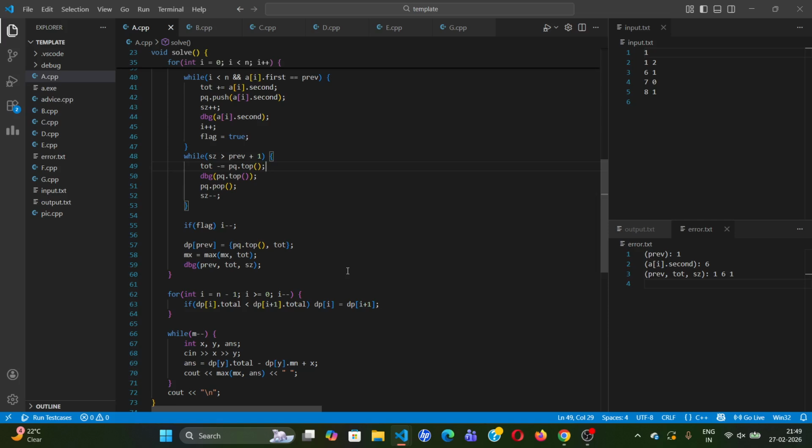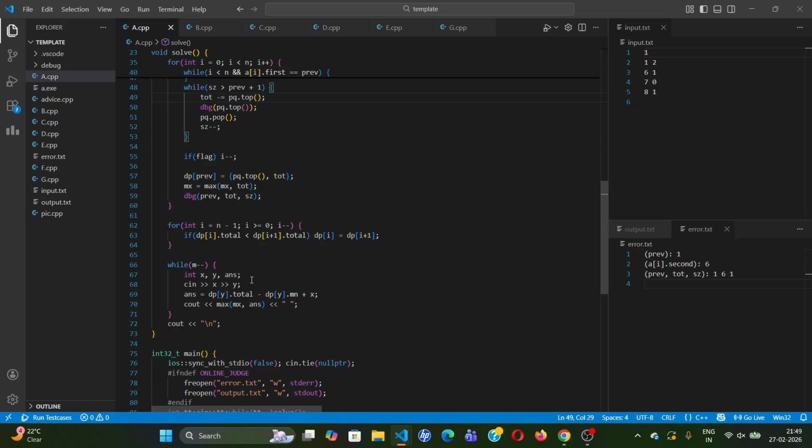Okay. In that case, I think I should look for top of previous is 1. Still look in 1. 8 1. 8 6 1. It has only 6.